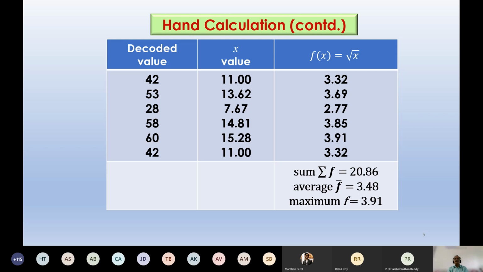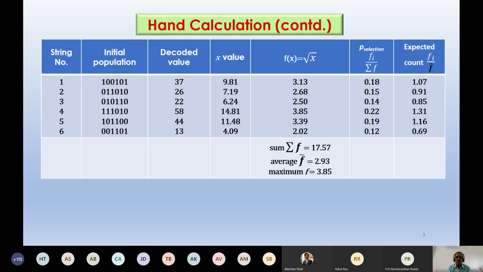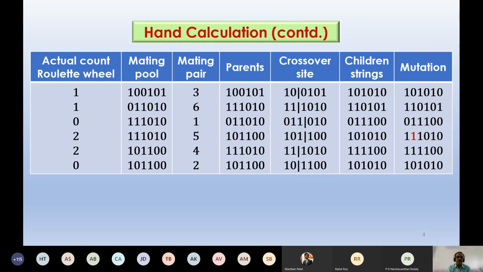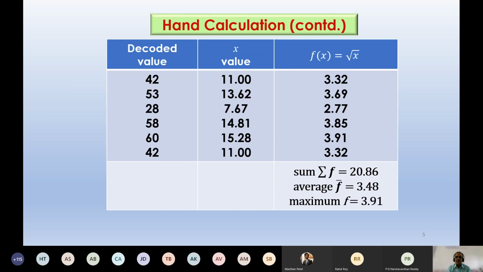If you remember, for the initial population, the maximum was 3.85. And now you see, after one iteration of GA, the maximum value has improved to 3.91. Okay. And what is the globally optimal solution? The globally optimal solution is 4.0.